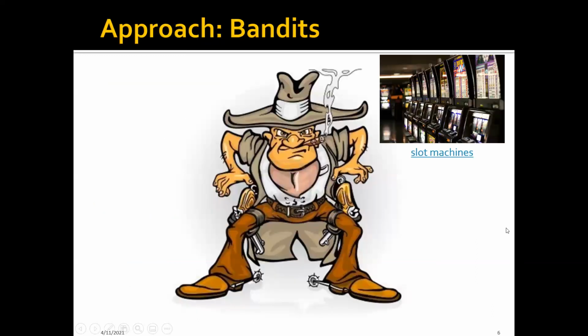The approach that we're going to use to tackle this kind of problem, and the formal problem we're going to talk about in this lecture, is called the bandit. The name comes from imagining a gambler, or a bandit, playing at a row of slot machines, trying to decide which slot machine to pull so that he or she can maximize the money made.